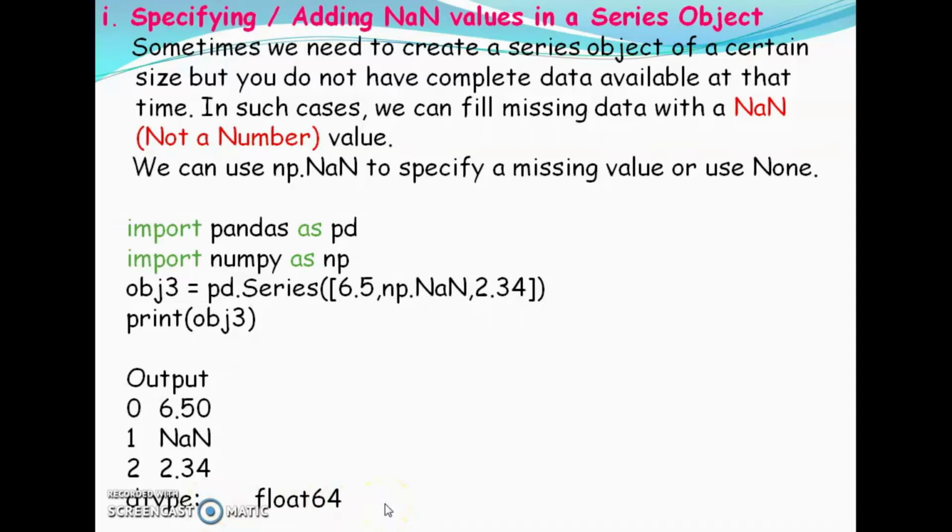We can assign a NaN value to a series object by using np.nan, or None value also we can use.